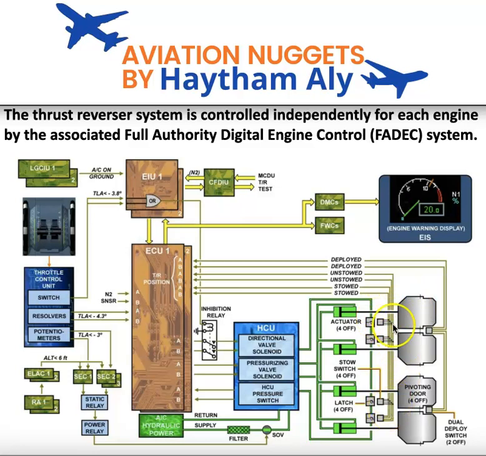When any stow switch is not closed, a reverse in amber will come on the N1 dial, so the thrust reverser is in transit, and only when the 4 pivoting blocker doors are at 95%, the deploy switches will indicate a fully deployed thrust reverser with an indication of a reverse in green coming on the N1 dial.